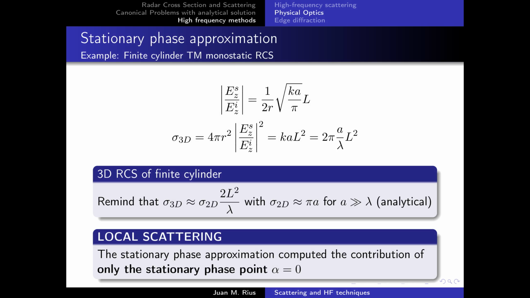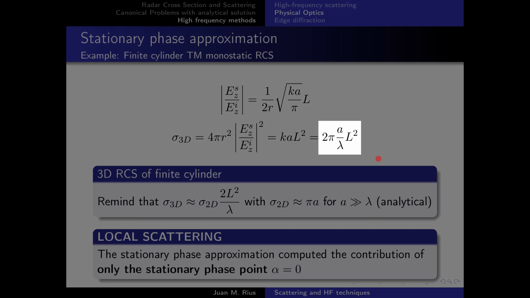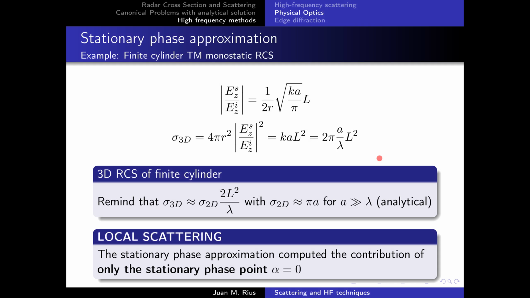So the result that we obtained first with the physical optics approximation, which is already an approximation, then doing a stationary phase approximation within it, agrees exactly with our analytical exact result for the two-dimensional RCS of the infinite cylinder.